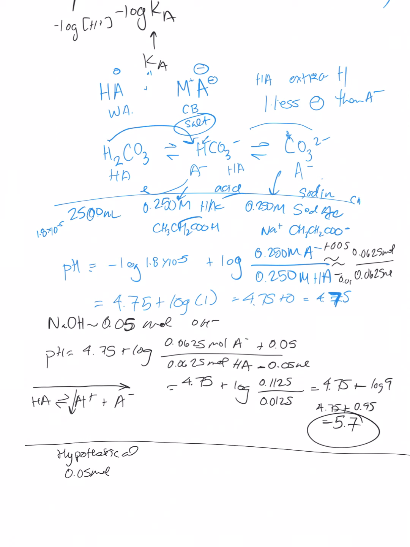Let's see a hypothetical scenario where we have 0.05 moles of just HA, and this is a strong acid, so we have H plus. All right, so we have 0.0625. What happens if we have H plus floating around and we add 0.05 mole with nothing to counteract it? So we have no A minus to counteract this.